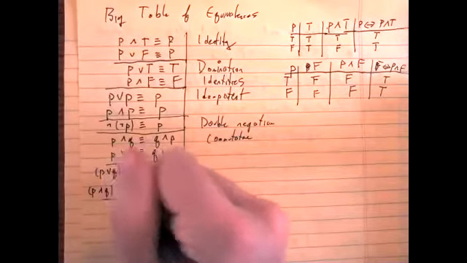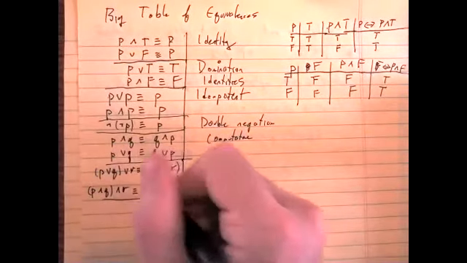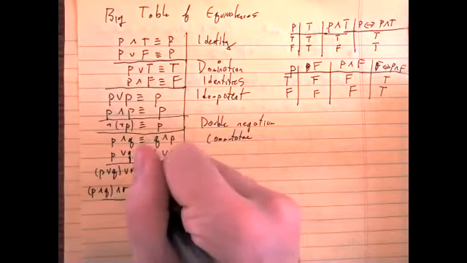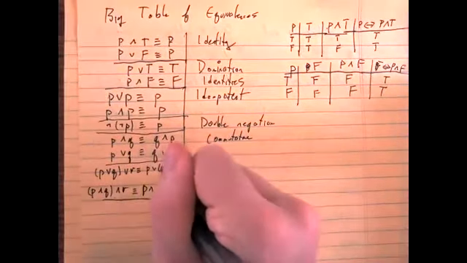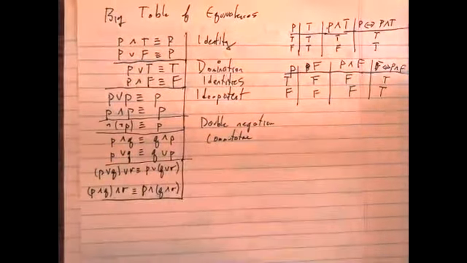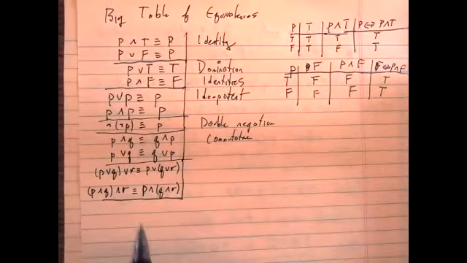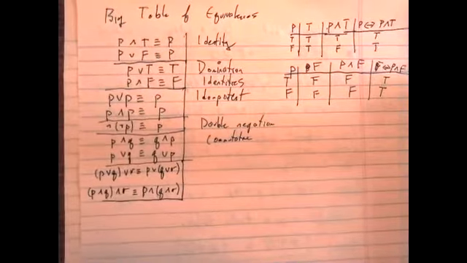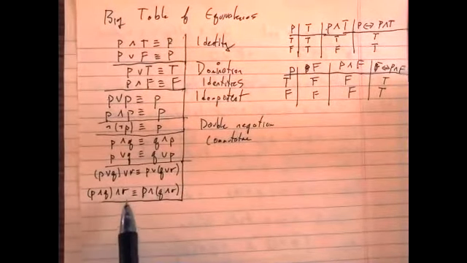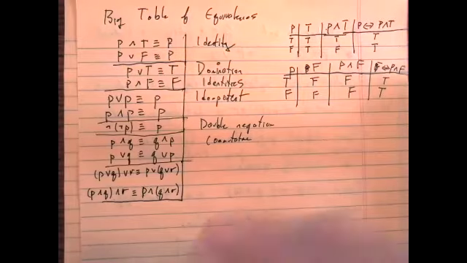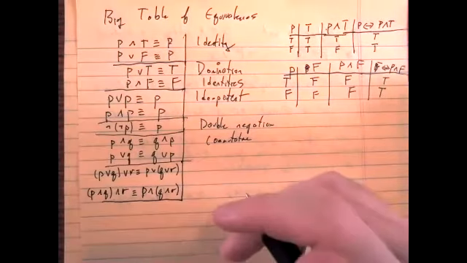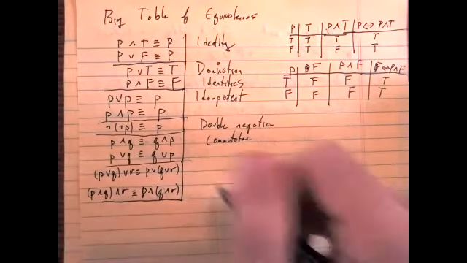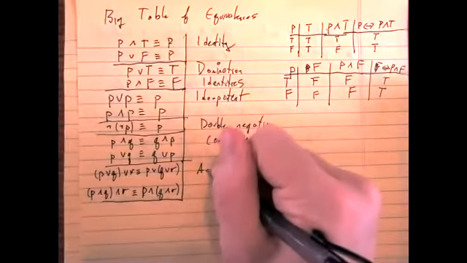P and Q and R is logically equivalent to P and Q and R regrouped. So now we're starting to get into, like, if we wanted to confirm that these are logically equivalent, we would need a rather large truth table because we have 3 variables floating around. So it would need to be 8 rows. So these are associativity.